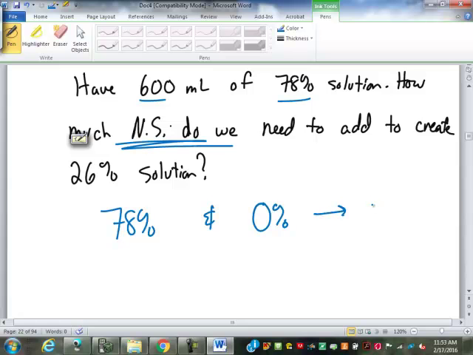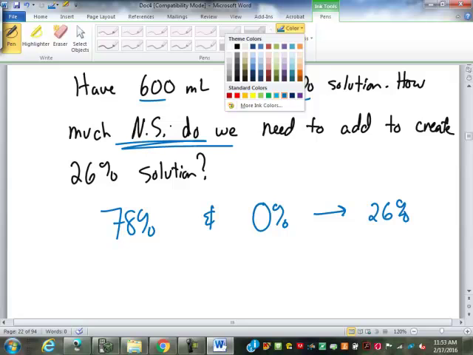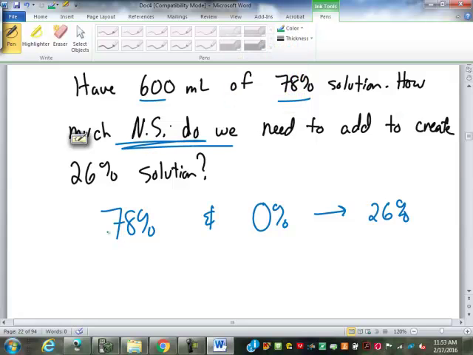And we're shooting for a result of 26%. So now for our volumes or amounts, we know that we have 600 milliliters of the 78%. We are looking for how much water, how much of the 0% to add. So that's going to be our X. So then the 26% will be 600 plus X, or X plus 600.